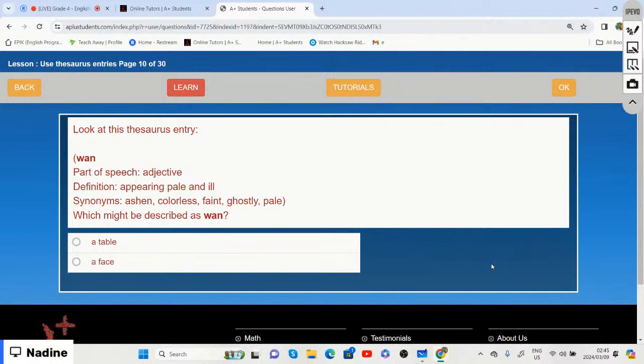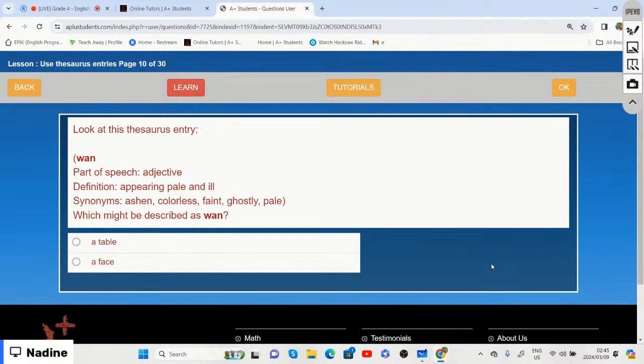So, the word is an adjective, right? And the definition is appearing pale and ill.